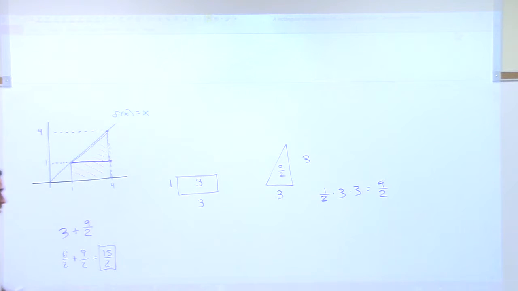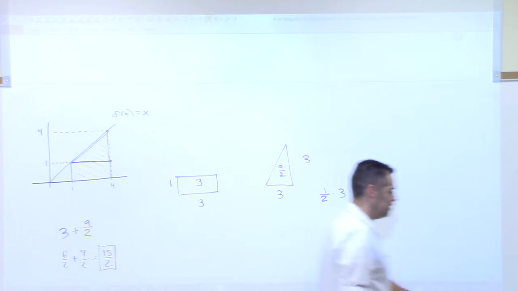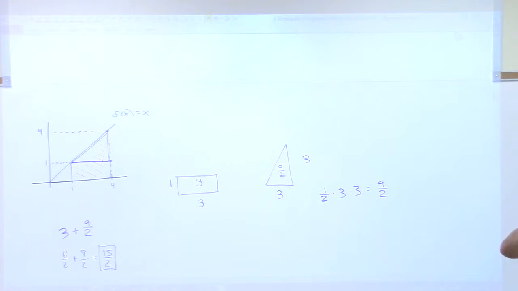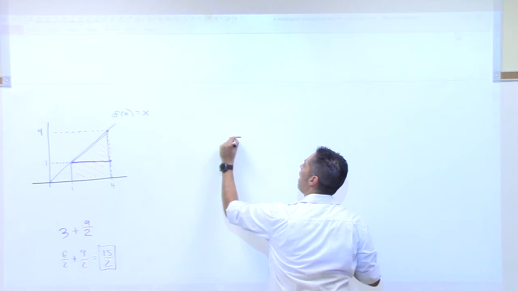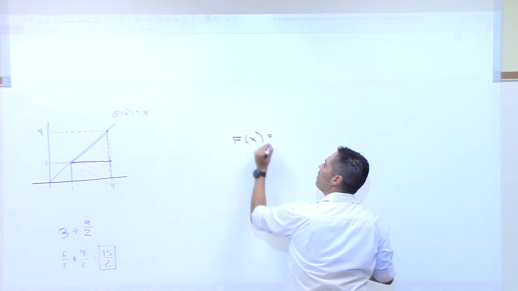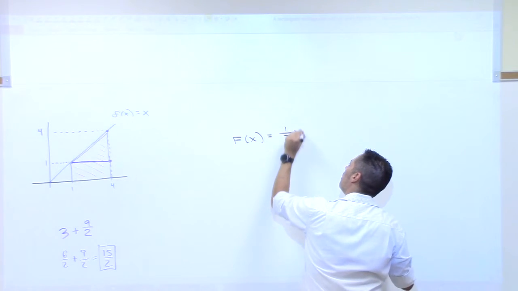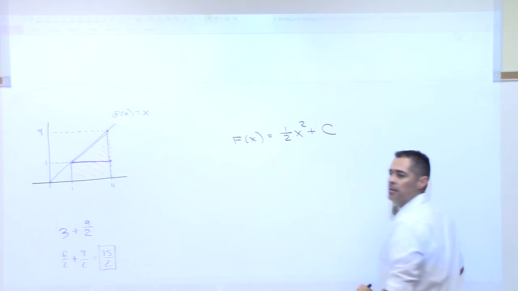Now, this is the part that should blow your mind. What is the antiderivative of that function? Okay, so if I ask you to find capital F right now, you're going to tell me it's 1/2 x squared plus c, right?